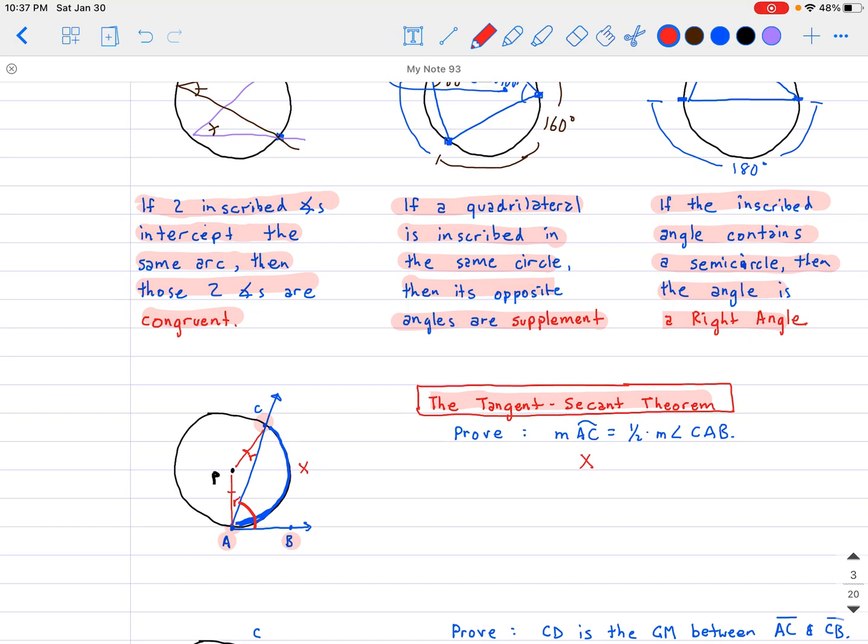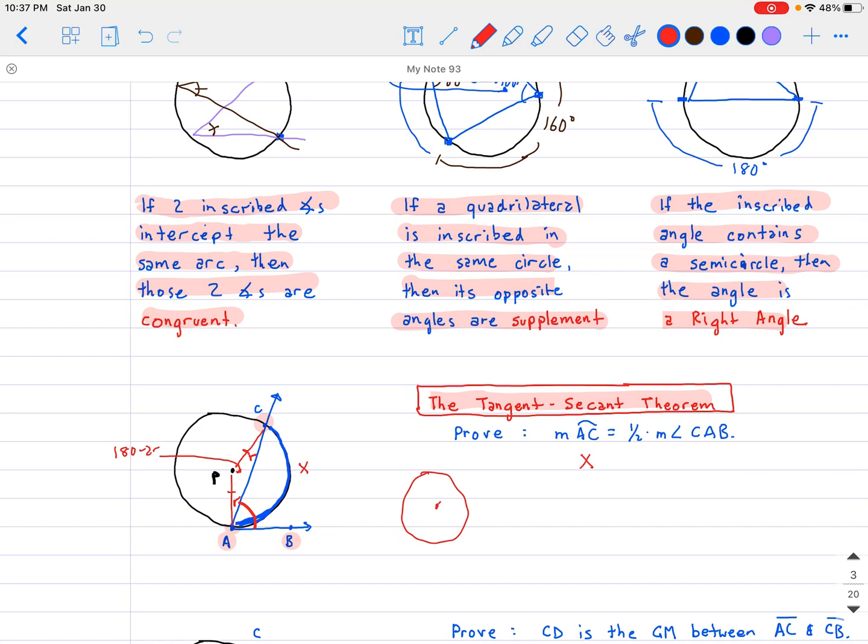So that tells me that this angle right here is going to be 180 minus 2R, because the interior angles add up to 180 degrees. Now, if you're wondering why we need that, look at our picture.